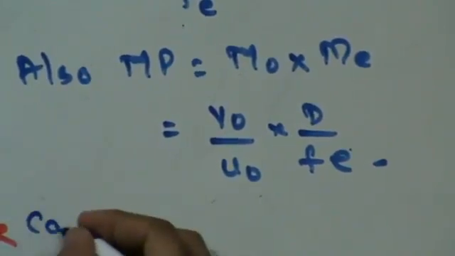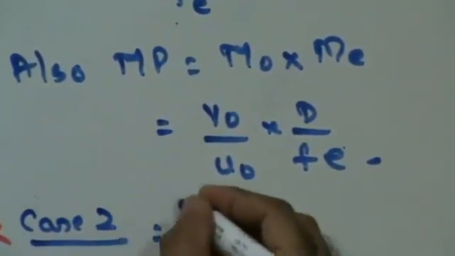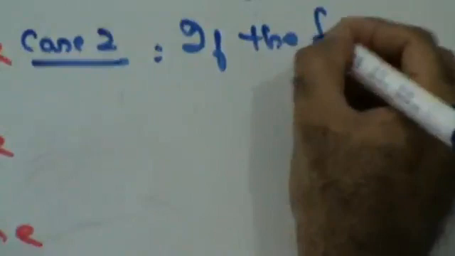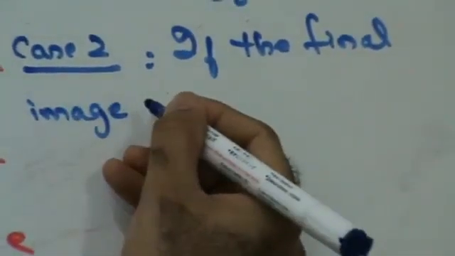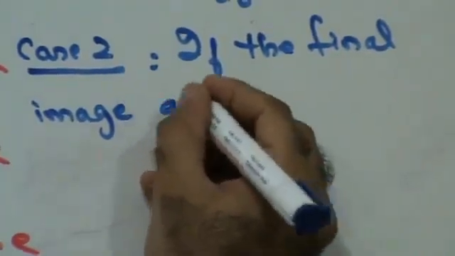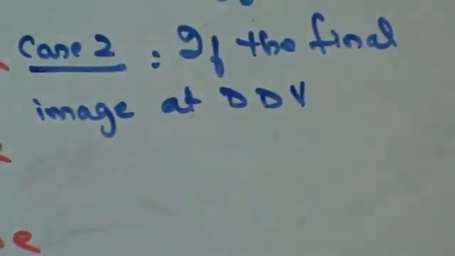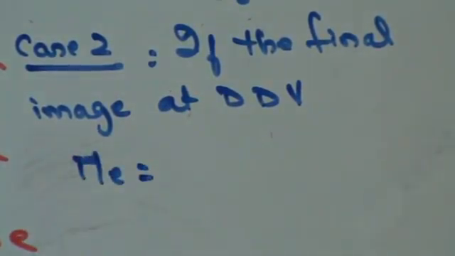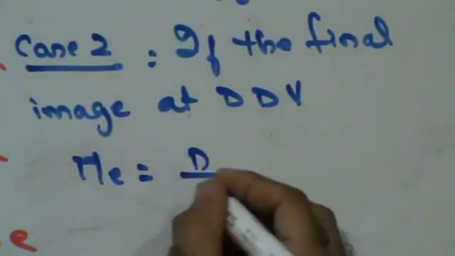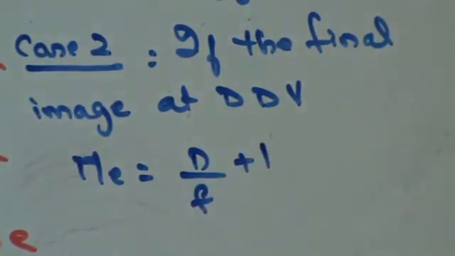Case 2. If the final image is at DDV, the magnifying power of the eyepiece from simple microscope we know is nothing but D upon F plus 1.